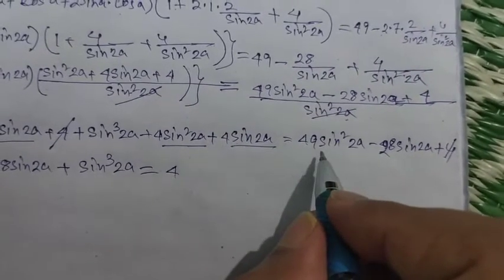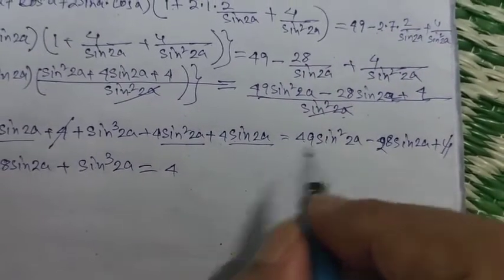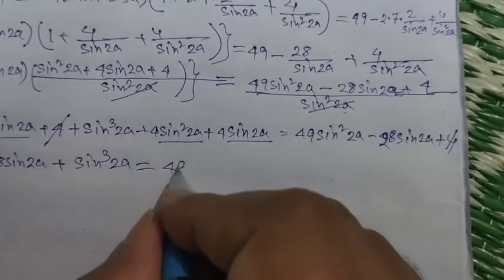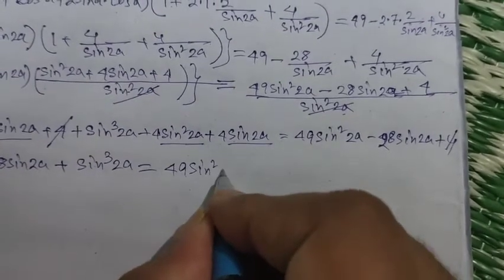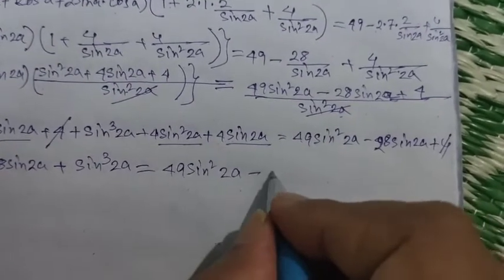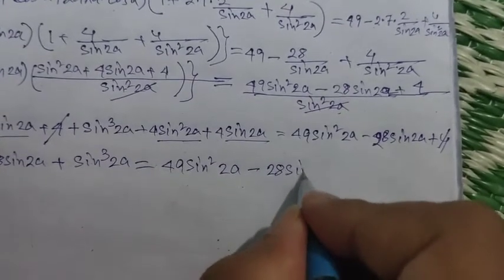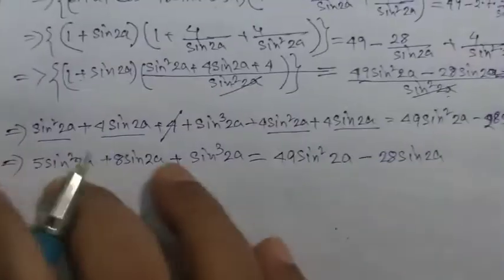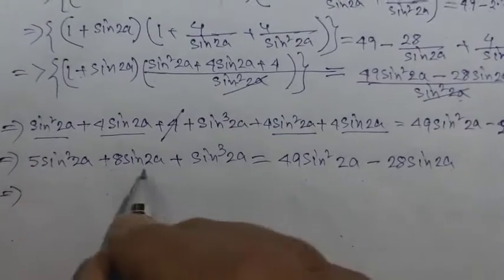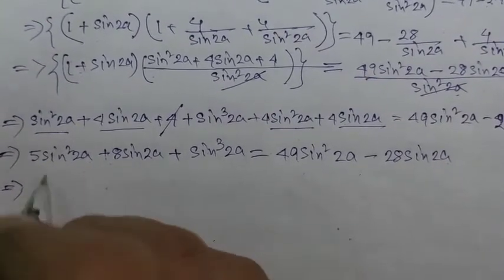From here we will take common. So first let me write 49 sin square 2A minus 28 sin 2A. So from this expression we will take sin 2A common.